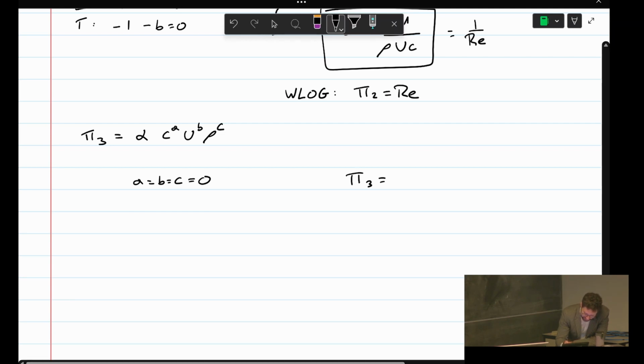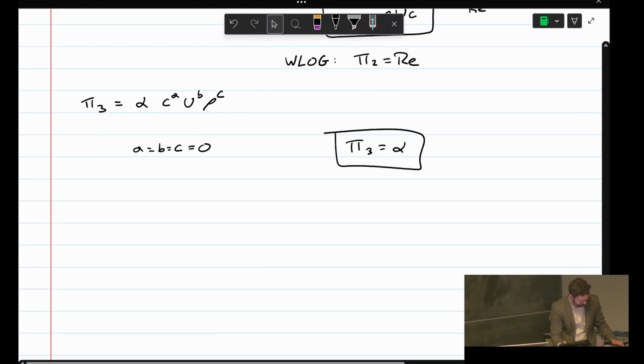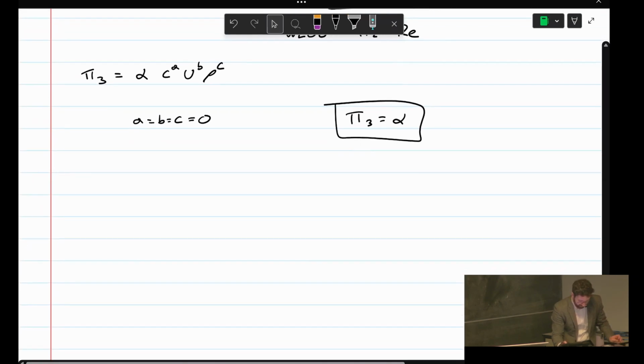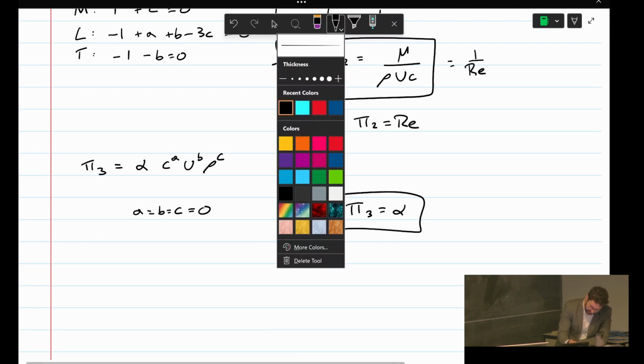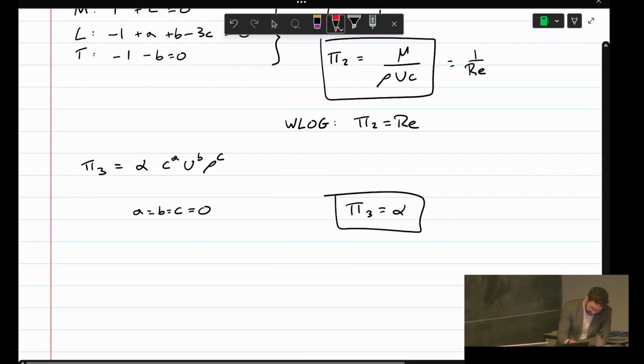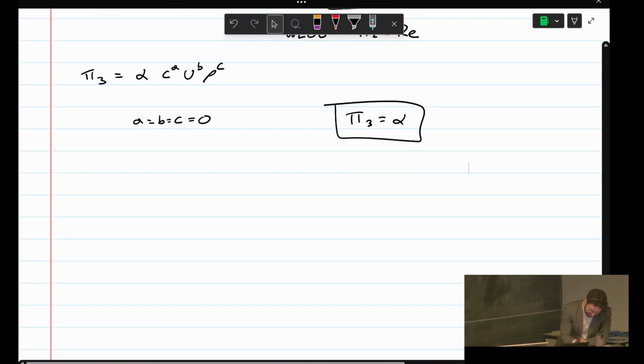Therefore, pi 3 is just alpha. So we have our 3 pi's. The last step, what's step number 6? Okay. Last step is state the non-dimensional relationship.